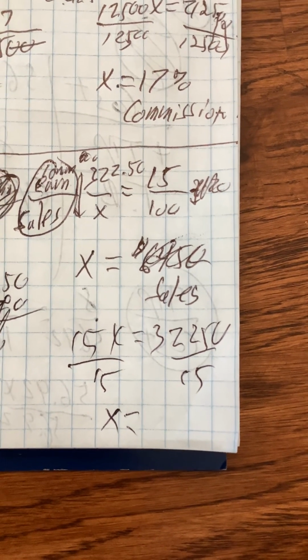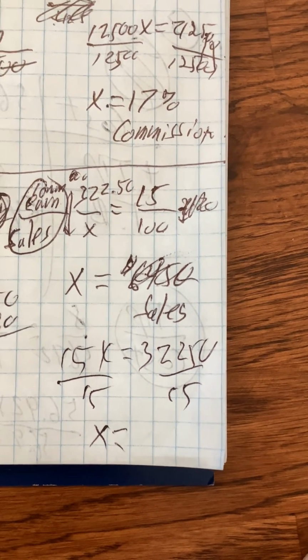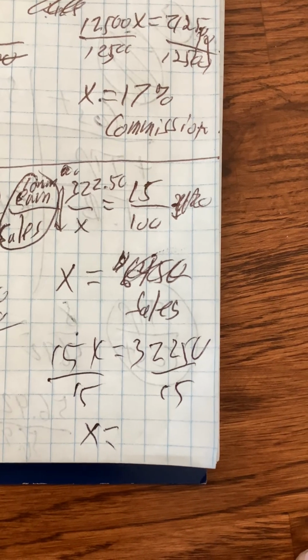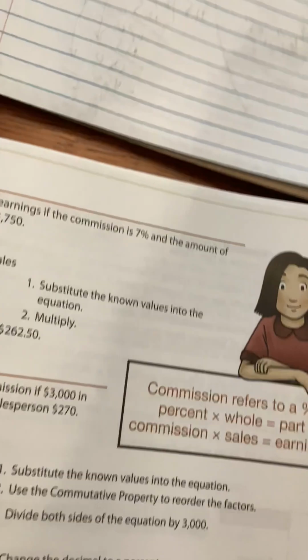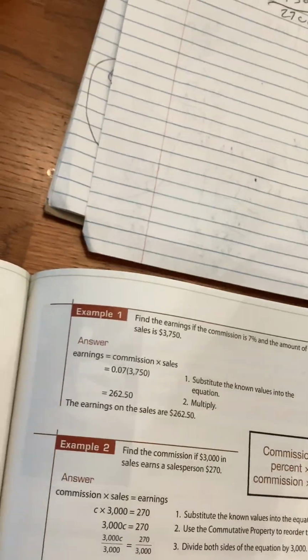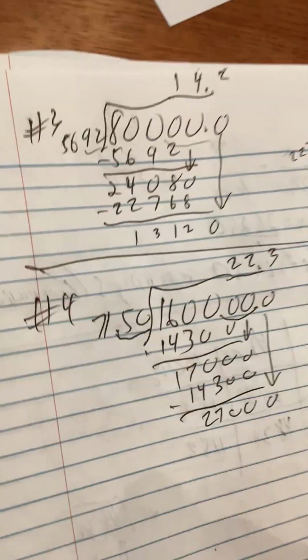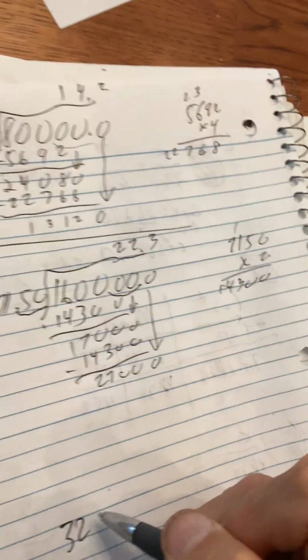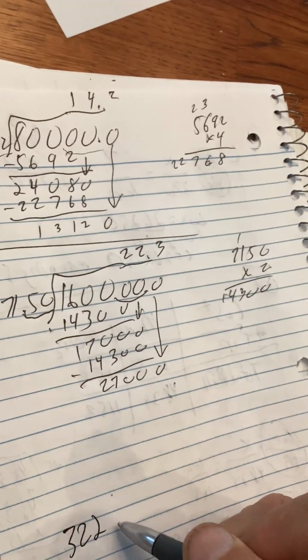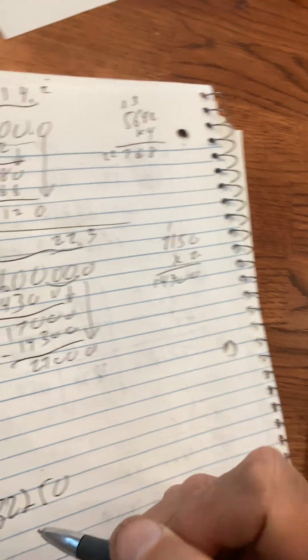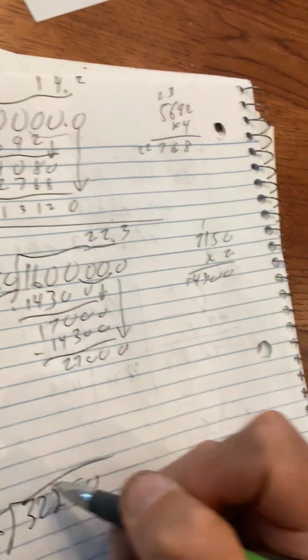That'll take me a while. Oh, here, I'll do it. 32,250 divided by 15.